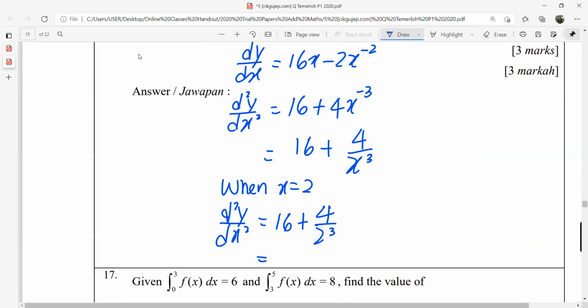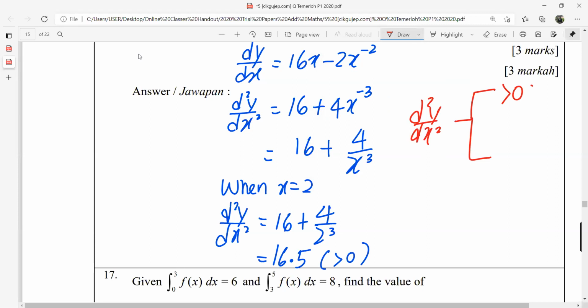Why second derivative? Because it will tell you more than 0 means what, less than 0 means what, right? You get 16.5, which is more than 0. And do you know the notes: second derivative more than 0 means good, happy, minimum point. Less than 0, no good, sad, maximum point.